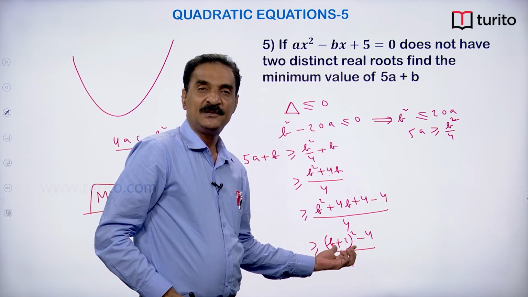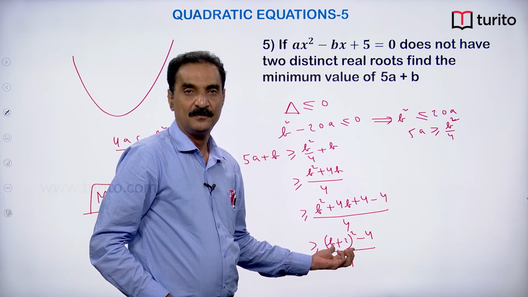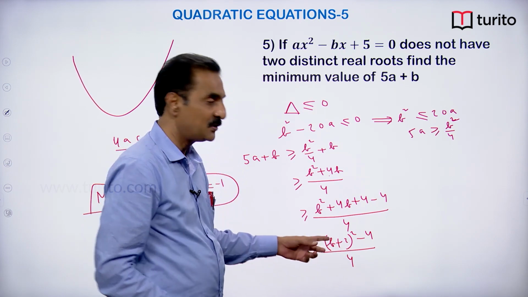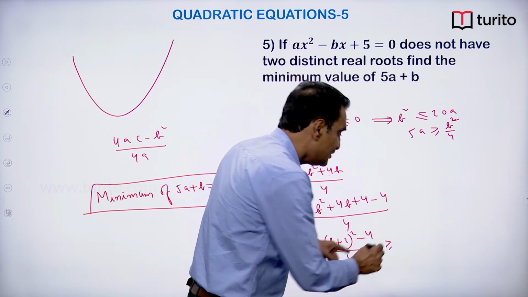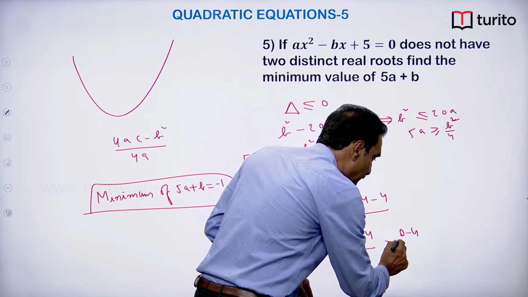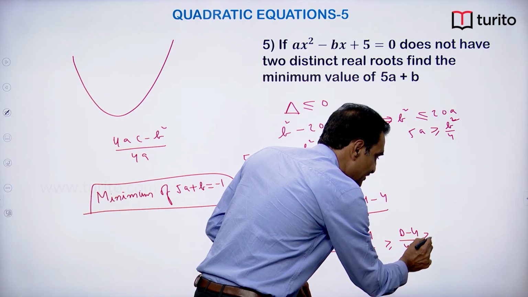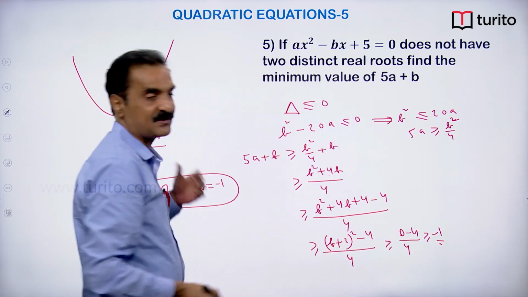We know that minimum value of b plus 2 whole square is 0. Perfect square is always greater than or equal to 0. So, this whole expression is greater than or equal to 0 minus 4 by 4. How much? Minus 1. You are getting the answer.